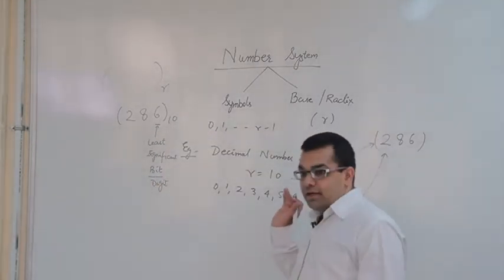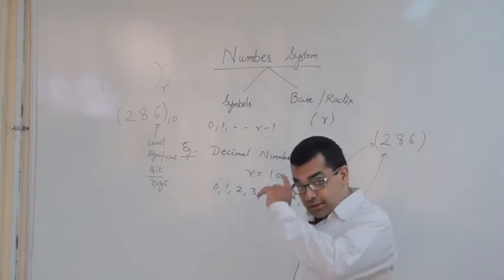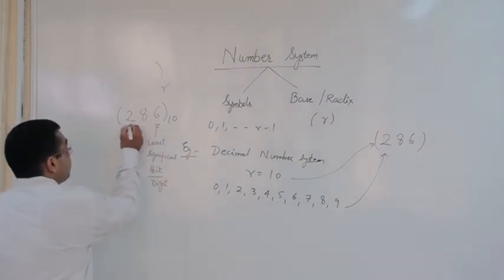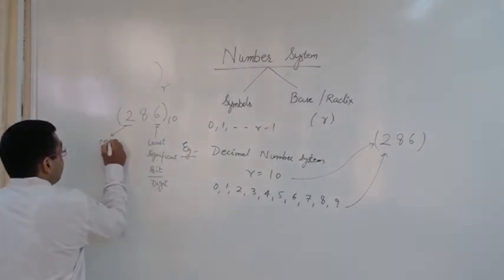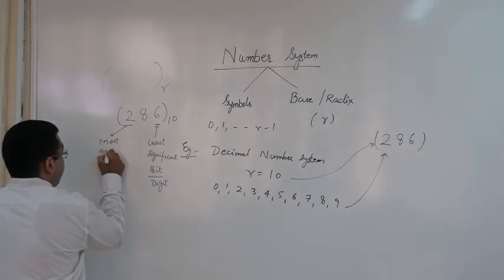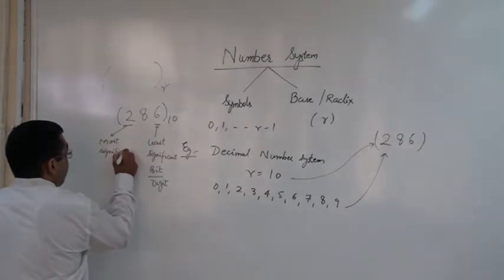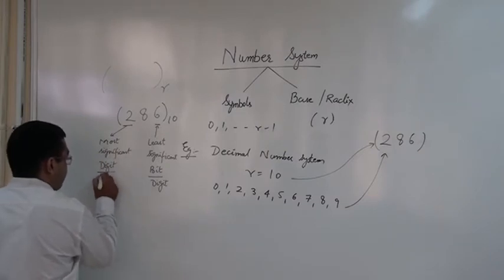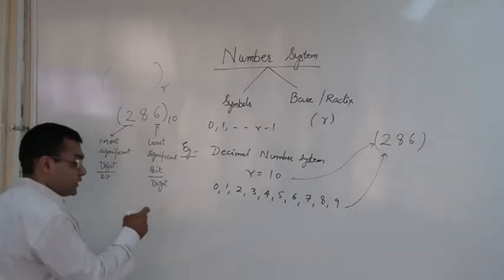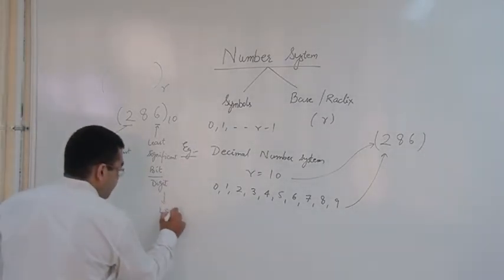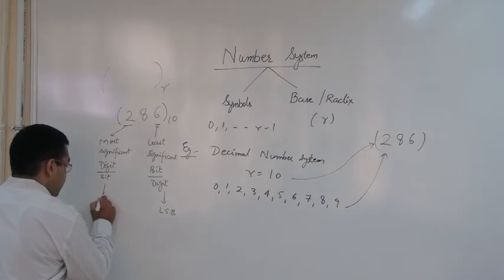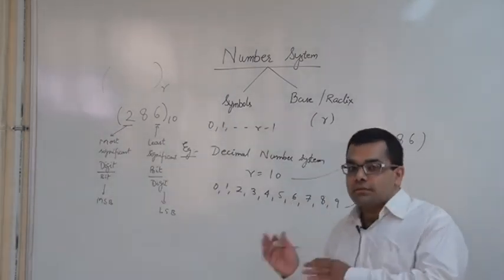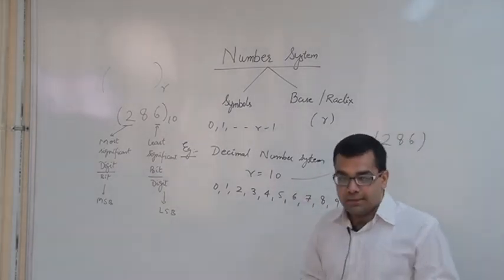Starting from the right hand side, if we go on towards the left hand side, the digit or the symbol to the extreme left is called the most significant digit or bit. So in short, this is called LSB, this is called MSB. Why they are called LSB or MSB we will see in a short while.